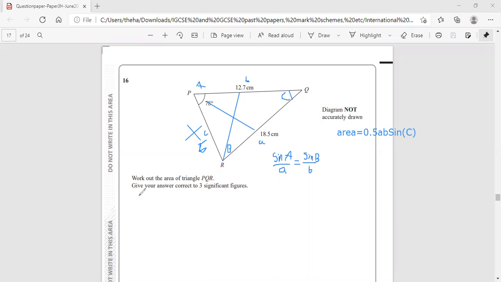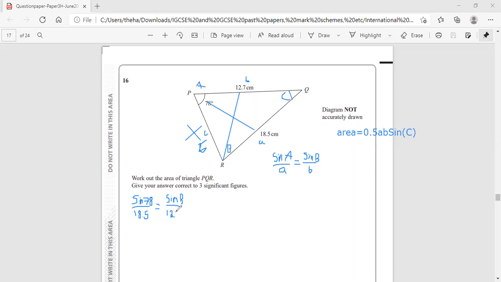So we're going to have sine of A over a: sine of 78 over 18.5, and that equals sine B, which is unknown, so we're just going to leave it as sine B. This is what we want to work out, over b, which is 12.7.